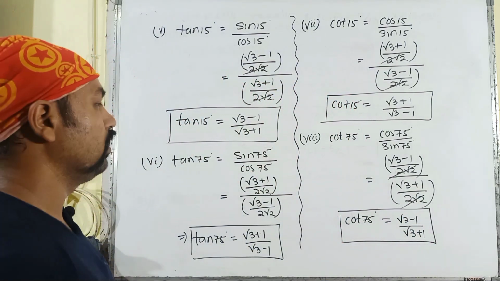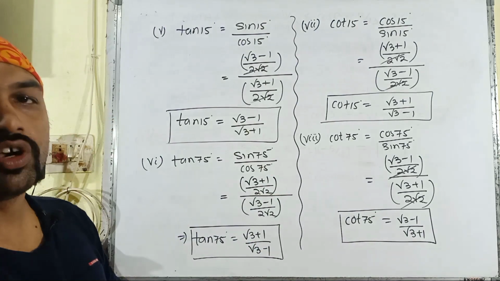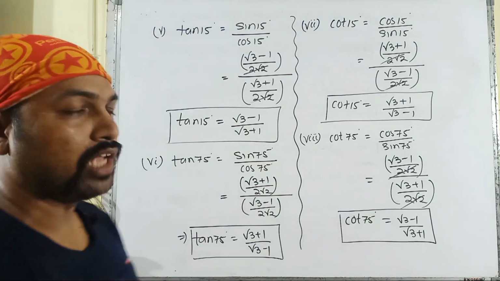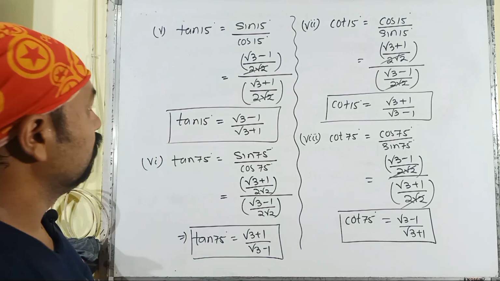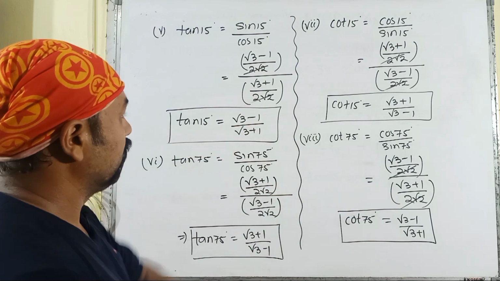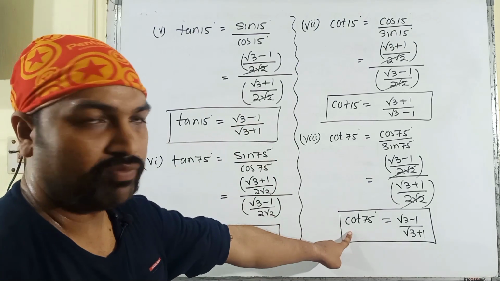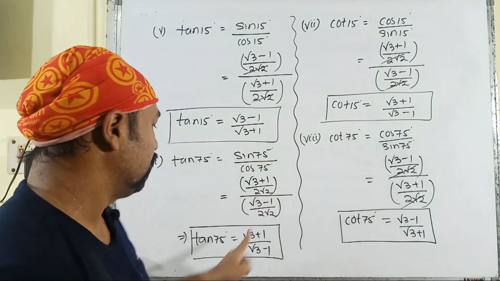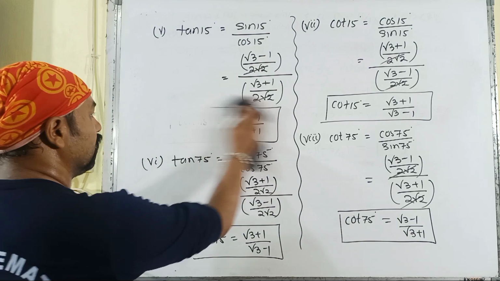So here is the complete analysis of tan 15 degree, cot 15 degree, tan 75 degree as well as cot 75 degree. Now let us make a connection between the values. You can see that tan 15 degree is equal to cot 75 degree and cot 15 degree is equal to tan 75 degree. So let us make a remark here.